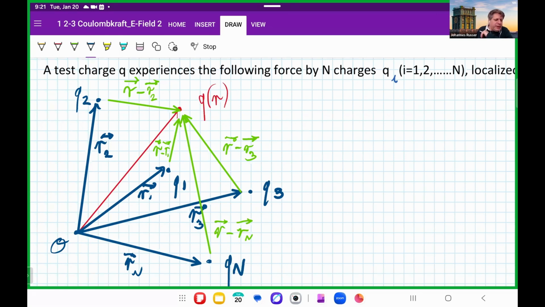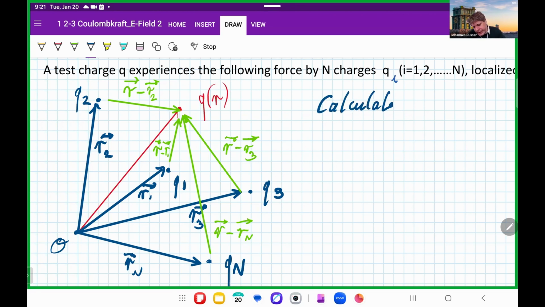We do that by summing up all force vectors at the position R. You can apply the superposition principle here: the force on the test charge is obtained by adding up the contribution of each individual charge placed around it.